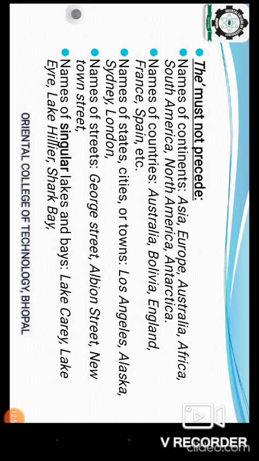Names of countries: Australia, Bolivia, England, France, Spain, etc. Names of states, cities or towns: Los Angeles, Alaska, Sydney, London. Names of streets: George Street, Albion Street, Newtown Street. Names of singular lakes and bays: Lake Erie, Lake Eyre, Lake Hiller, Shark Bay.